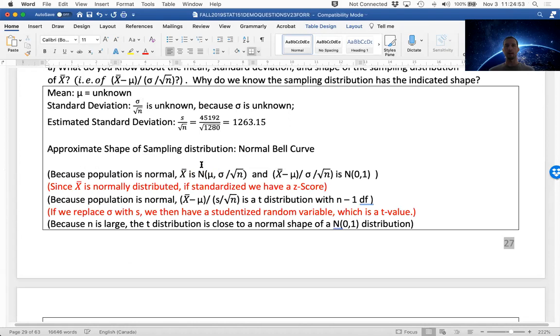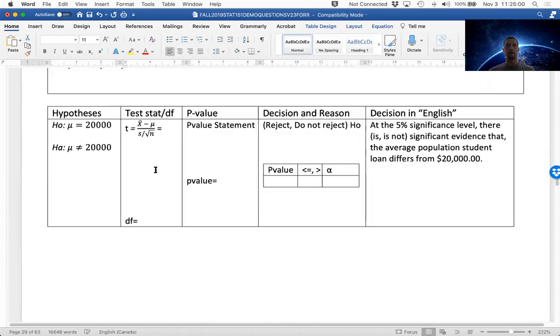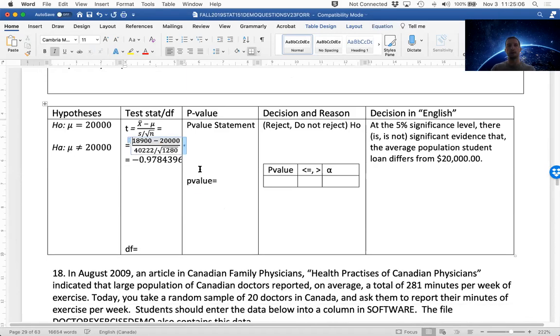Our t-value, which will be computed in step 3, is also going to be very similar to what we had in H. The difference here is just that we're using the t-value rather than the z-score, and so sigma, which was 40,222, is now replaced by the sample standard deviation, which is 45,192.